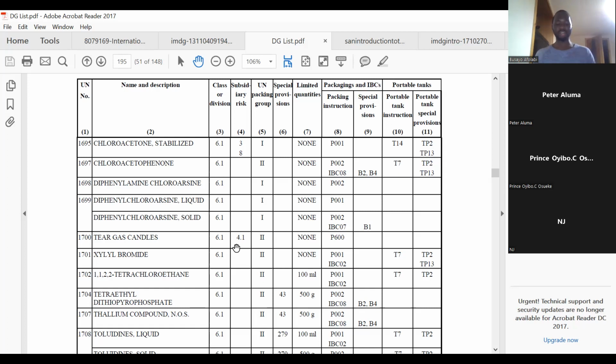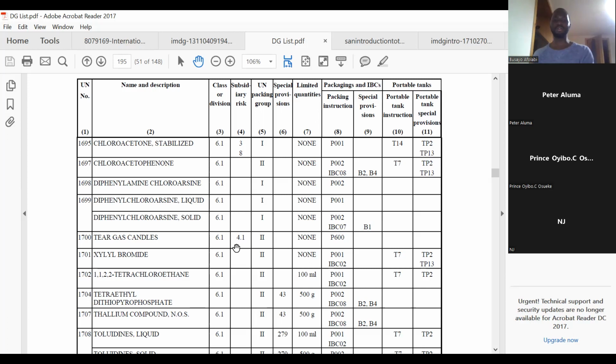And it writes here, packing group 1 is substances that present very high danger. Packing group 2 are substances presenting medium danger, and packing group 3 are substances presenting low danger. That's just what it's going to try to tell you in your volume 1 of the packing group.